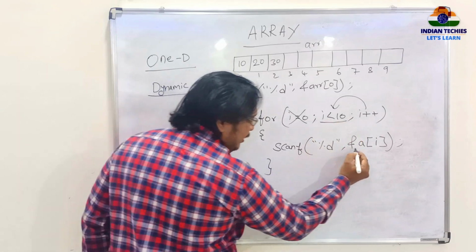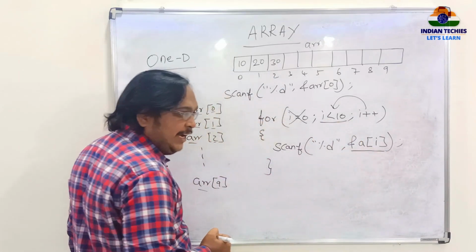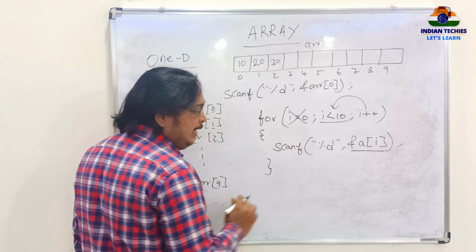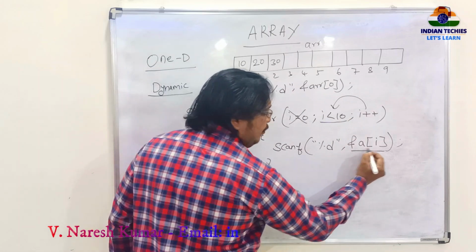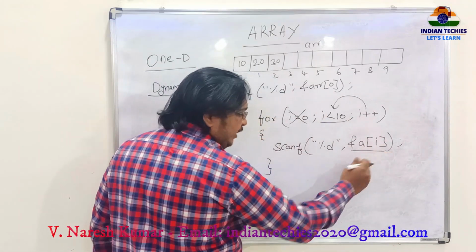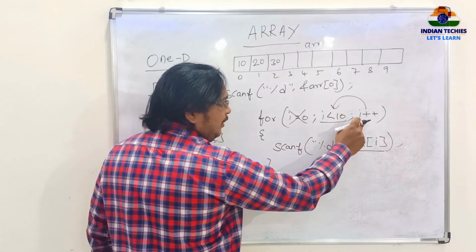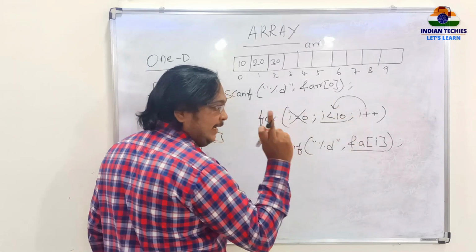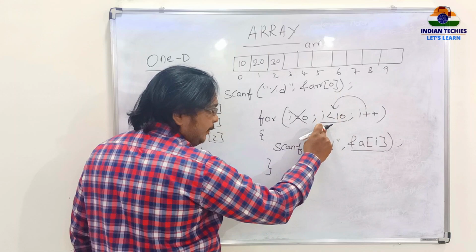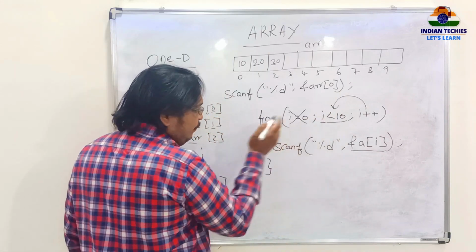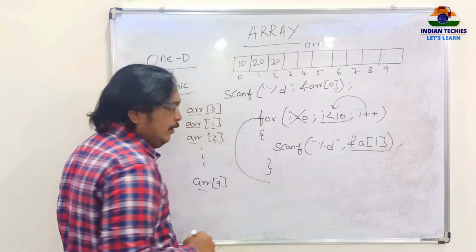Again it goes inside and takes input for a of i, which means a of 1. In the next repetitions it takes input for a of 2, a of 3, a of 4, a of 5, so on, up to a of 9. Afterwards 9 plus plus becomes 10. Again it comes to the condition. 10 less than 10? No. The condition becomes false and it comes out of the for loop.